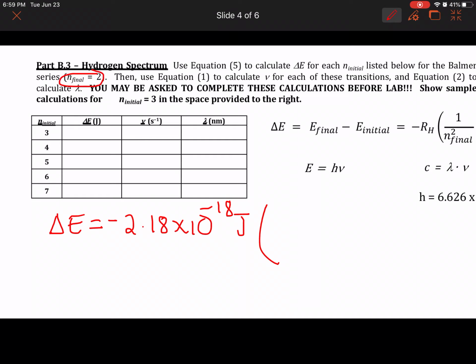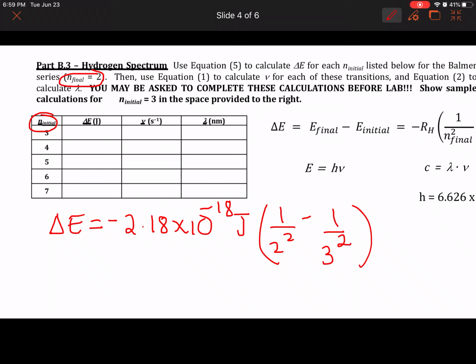So this is how you calculate delta E, equals negative RH. RH, the Rydberg constant, is 2.18 times 10 to the negative 18 joule. And 1 over n squared final. N final is going to be 2 for each case. So 1 over 2 squared minus 1 over n initial squared. These are the initial values. For the first one it is 3, so 3 raised to the power 2.